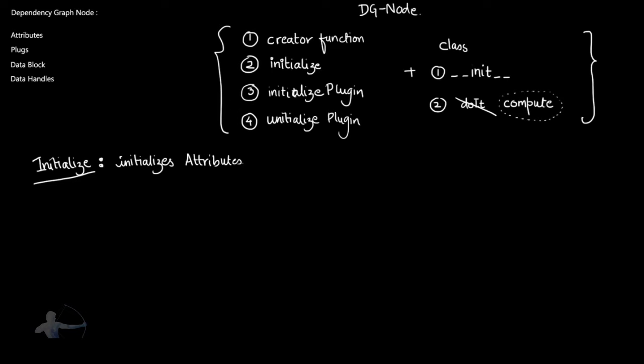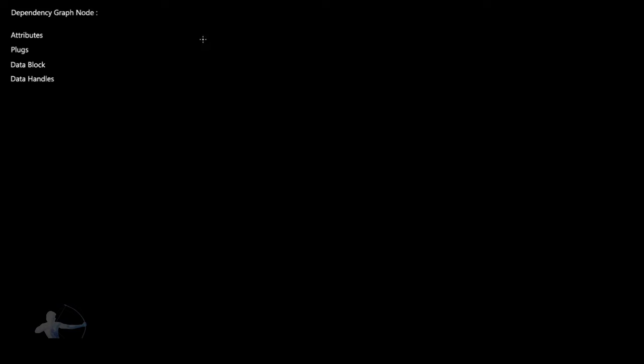We will now understand the initialize function in more detail, what it does, how it initializes attributes, and how we can add an attribute. We know that the initialize function initializes all the attributes. What we need to initialize all the attributes is, first, a function set, and this function set would be for the attributes.